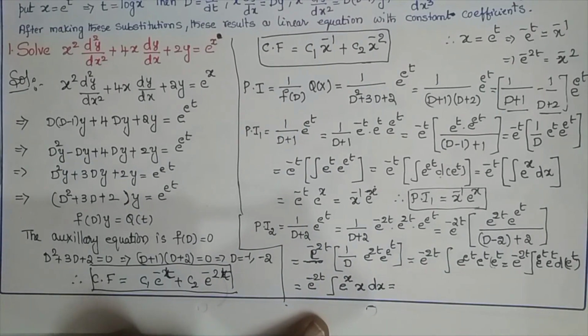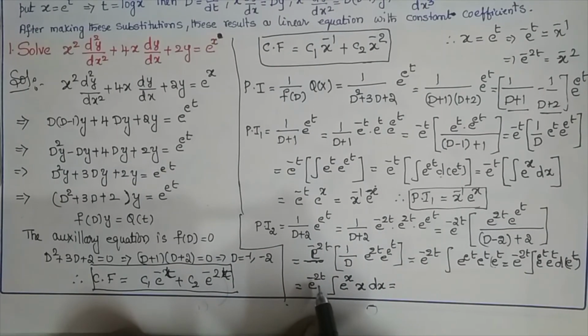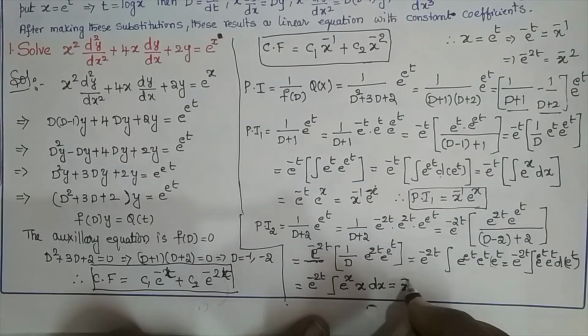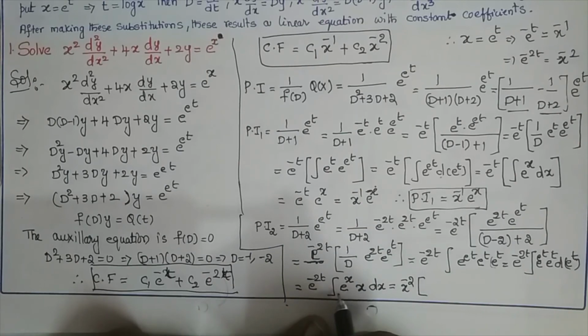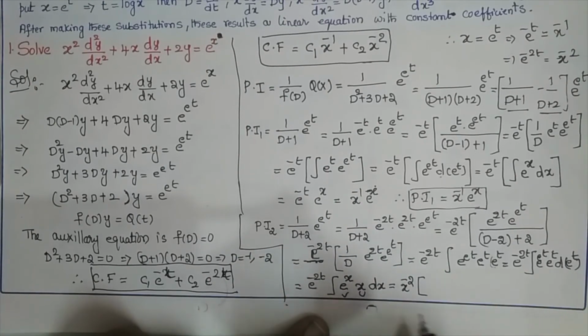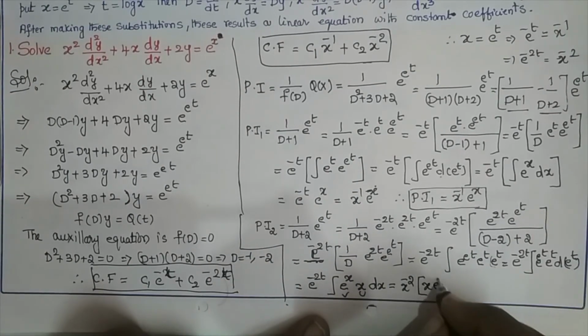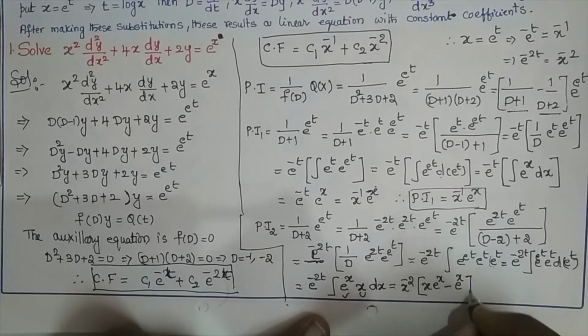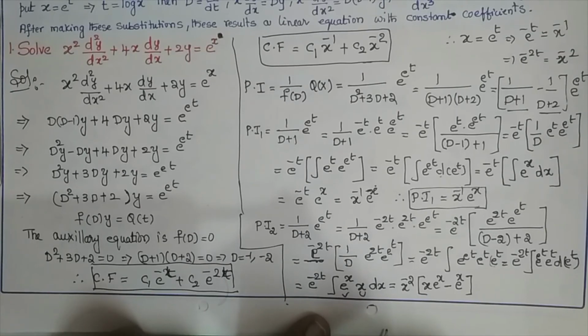You can use the product rule. e^(-2t) can be written as x^(-2). x^(-2) into, I can use the product rule uv, x into e^x minus e^x into 1. This is the product rule.